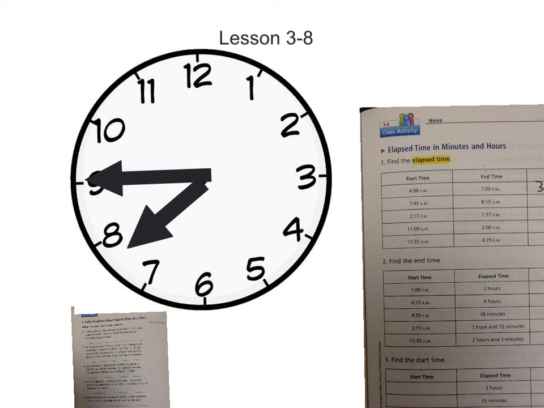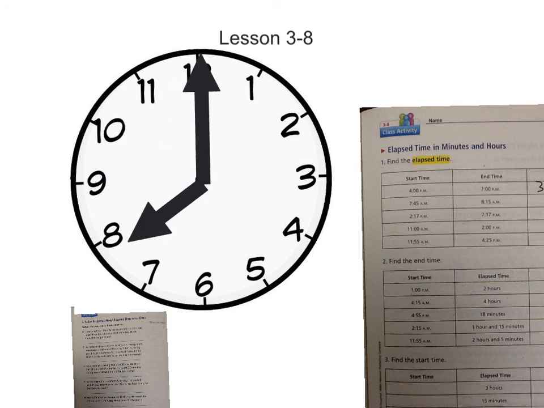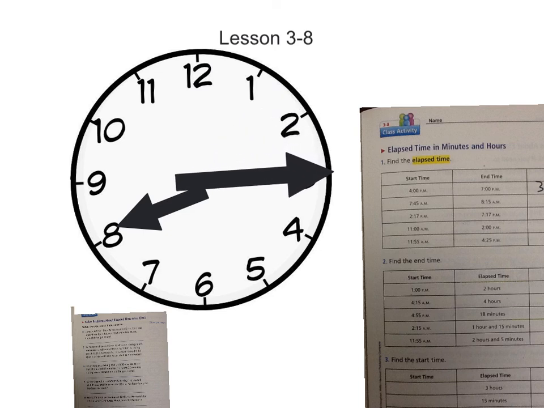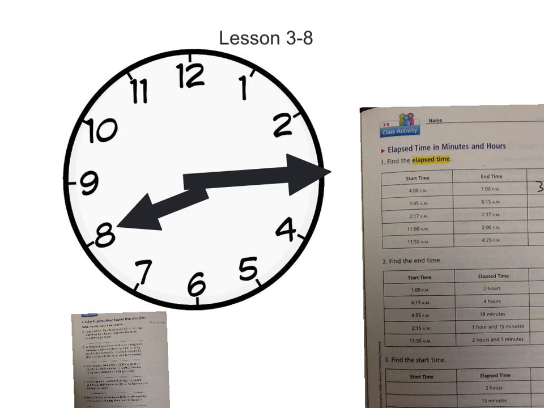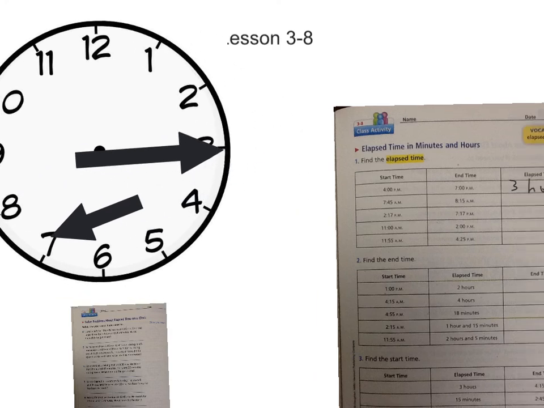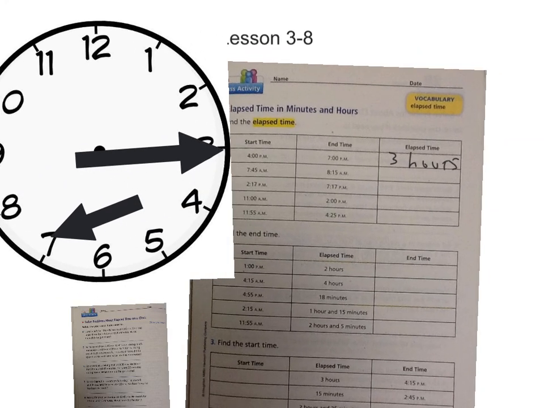We have 15 minutes till it gets to 8 o'clock, and then it says 8:15. So really, you only moved it 30 minutes. Okay, so hopefully you can add up and know that 7:45, 15 minutes to 8, then 15 minutes after 8, add that together, you have 30 minutes. So let me put that in there for you. 30 minutes.